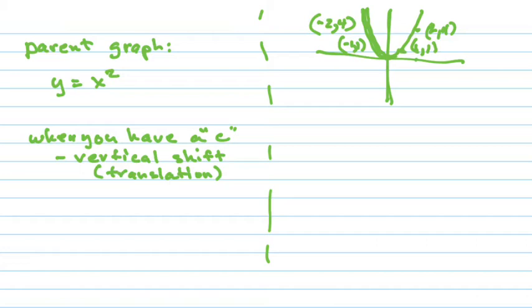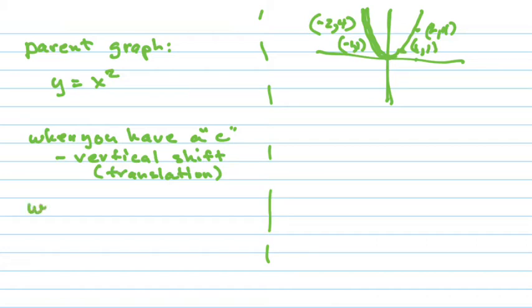And so whatever your C is, it's going to take that vertex, if it's in that vertex form, right? All bets are off if it's not in that format, okay? But if it's in that vertex form, it's going to move your vertex up or down on the y-axis that many times. So if your C is 4, that means the vertex is going to go up 4. So instead of being at 0, 0, it'll be at 0, 4, right? It just moves it up and down, straight up and down.